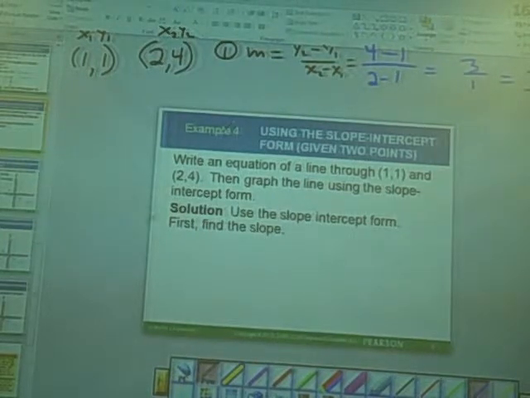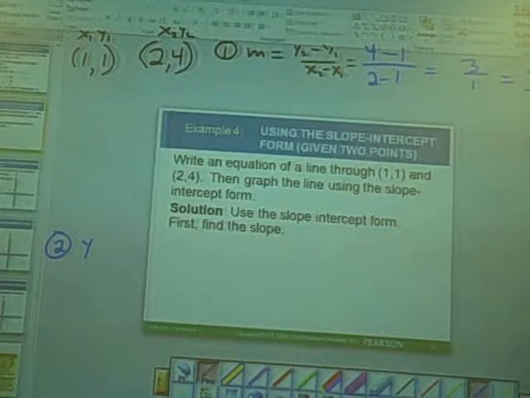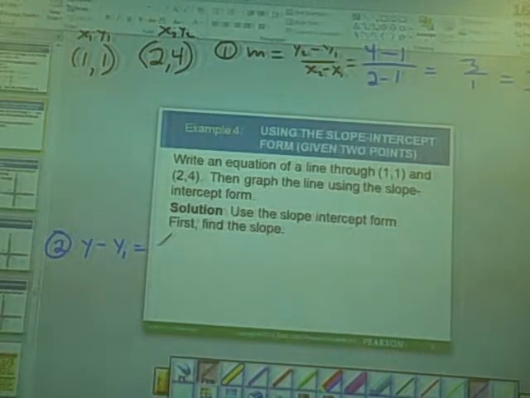Okay, step 2, what's next? Dylan? The point-slope equation. Yeah, y minus what? y1 equals, what comes next? m, slope, times x minus x1. Alright, good.